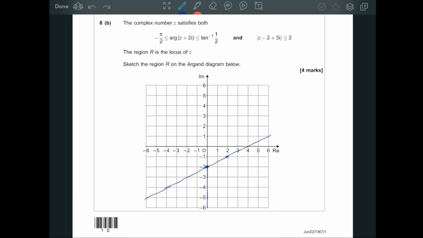We want the region of both conditions, so you now need to go for this one. So that's saying z minus 2 minus 3i is less than or equal to 2. So let's find 2 minus 3i, that is that point there. We have a radius of 2.